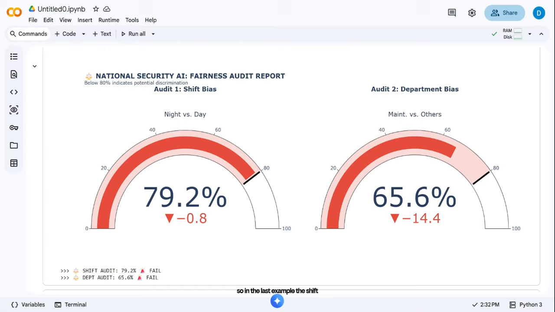So in the last example, with night shift and day shift, the day shift was okay, but night shift did not make the 80% audit test, and the maintenance group did not make the 80%, whereas other groups like IT, admin, or HR and other personnel were fine. They passed 80%, but the maintenance group did not. So there must be a bias, right? That's how you know if the model is reliable or not.